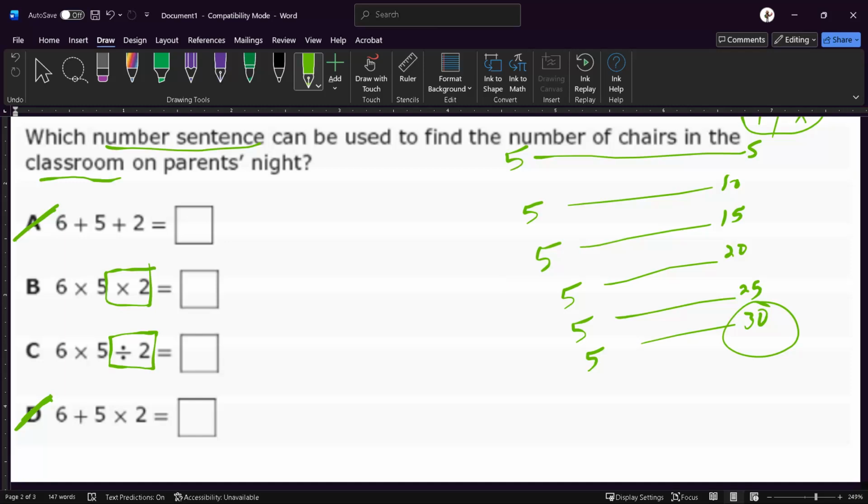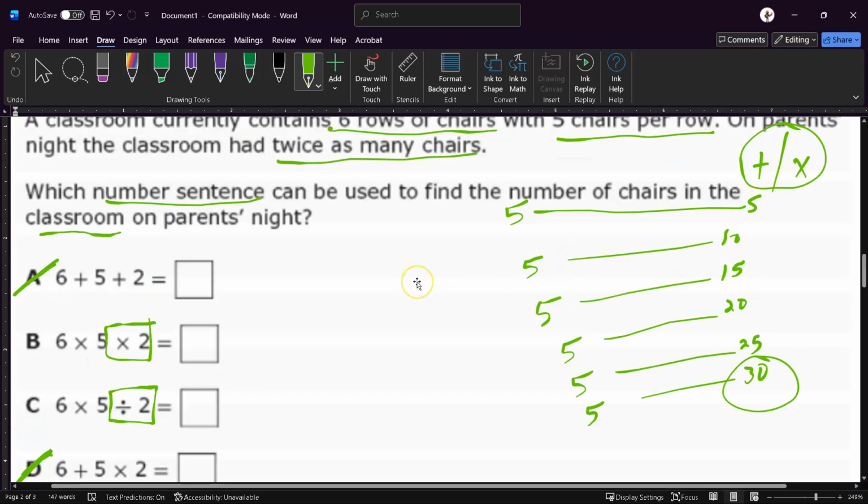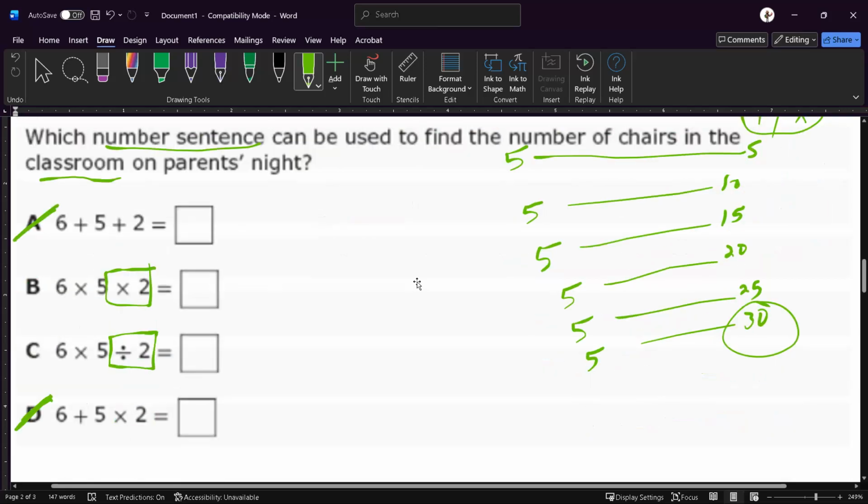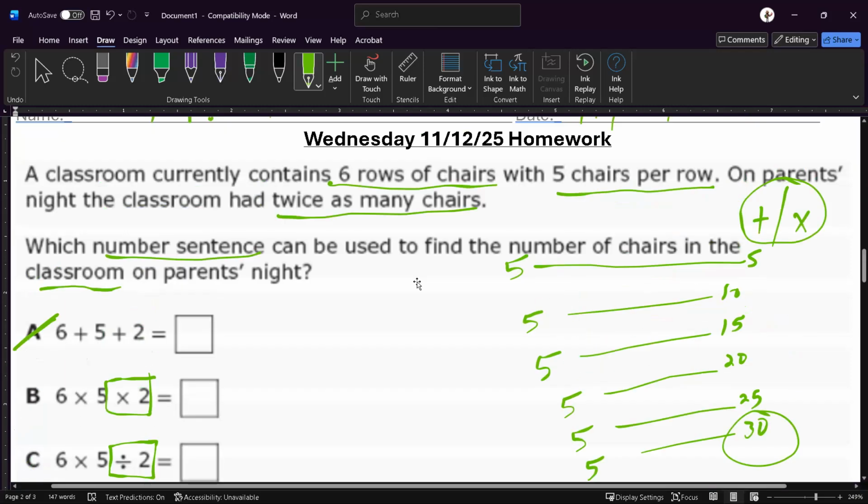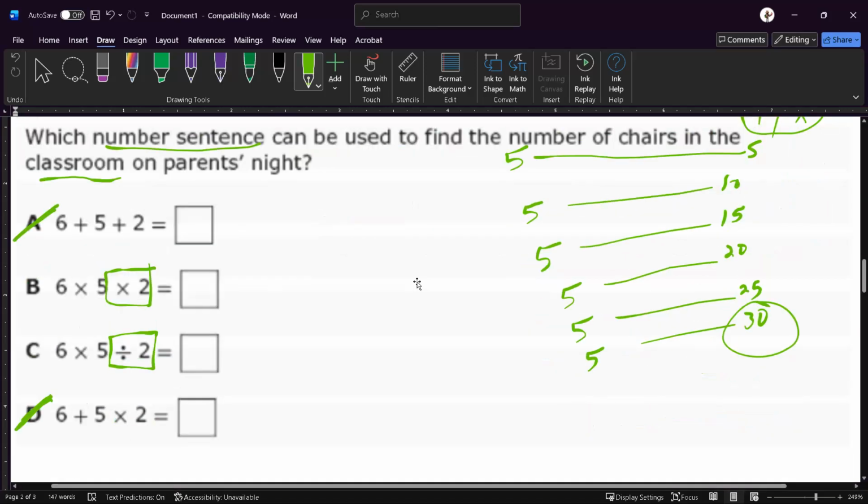Twice as many tells us that we're going to multiply. If we were dividing, they would tell you that there were half as many, so then you would have to cut the number in half. But they're telling you there's twice as many, so we're multiplying by 2. So the answer is B.